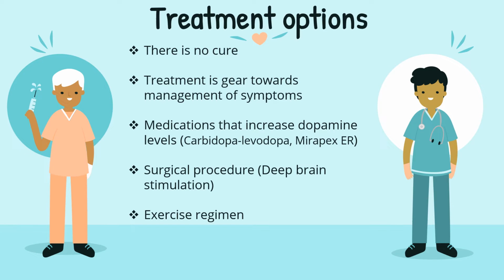One of the main symptoms that are treated is the tremors and the muscle stiffness, all caused by that decreased dopamine production. So treatment is merely treating the symptoms, but it doesn't cure the disease.